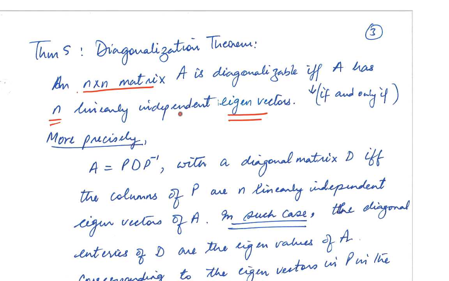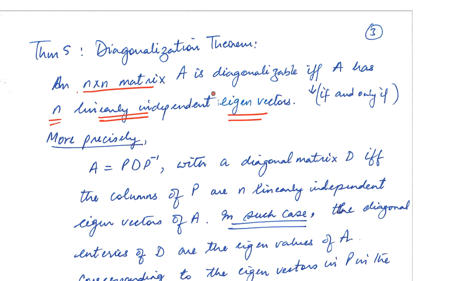Not only that, they also have to be linearly independent. Notice we are going back to the beginning of this eigenvector section 5.1. Linear independence and the size, we are all going back to chapter 1. So every time we are going back to our basics.